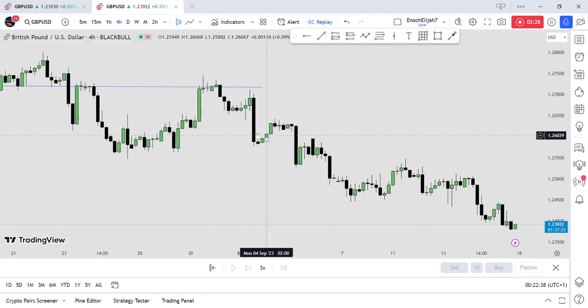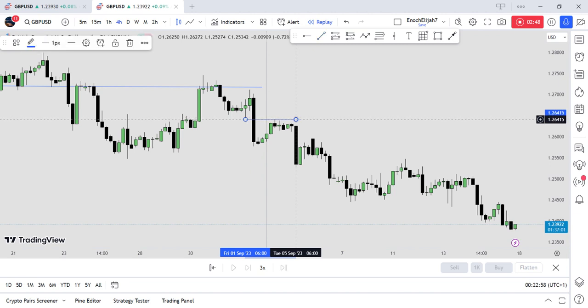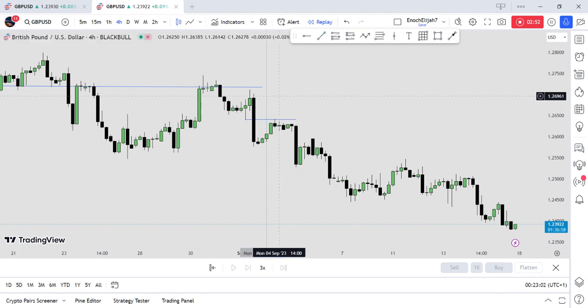It opened here, where the PD arrays say sell, the price can reverse, possibly drop to reach and then sell from. Clearly, I have this mitigation block, which is the old low here, tested right there on this day.